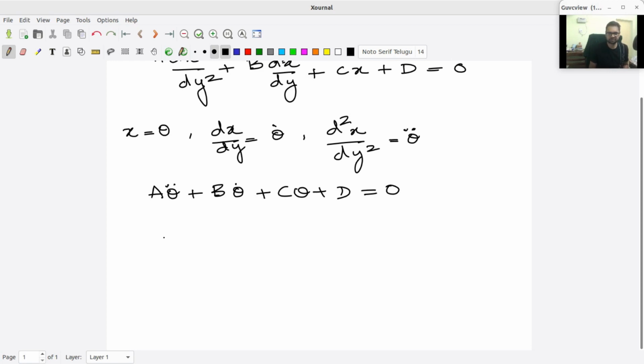This can be done by writing q equals theta and p equals theta dot. Now these are the two new variables.